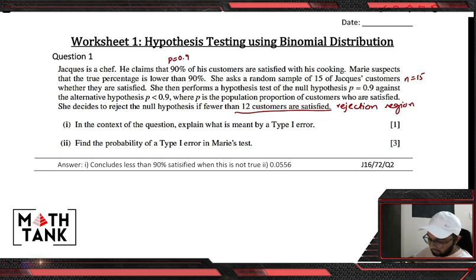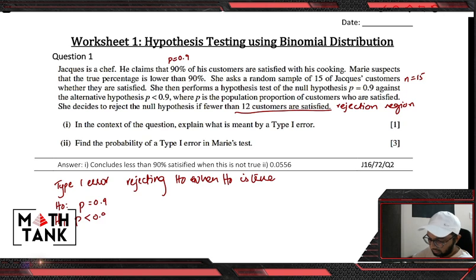In the context of this question, explain what is meant by a type 1 error. So a type 1 error is basically rejecting H naught when H naught is true. In this case, H naught is 0.9 and H1 is P is less than 0.9. So if there's a possibility of a type 1 error, then what I've done is that I've wrongly rejected H naught.